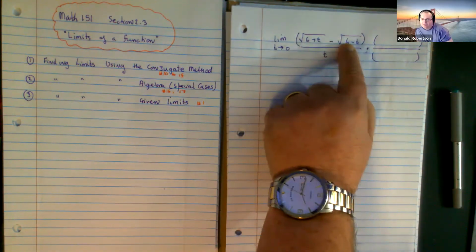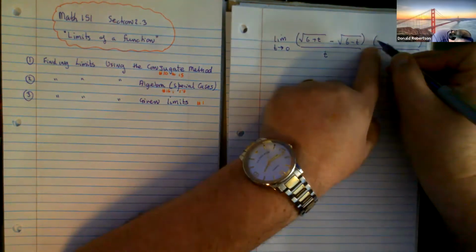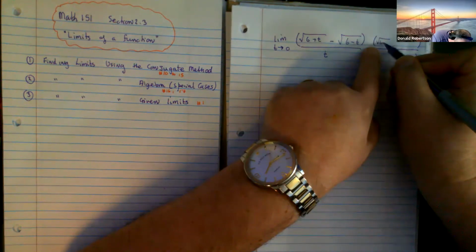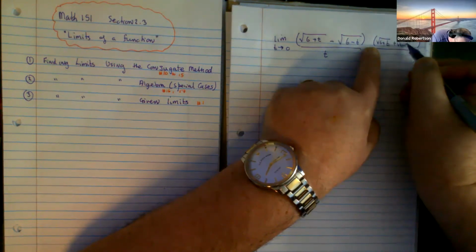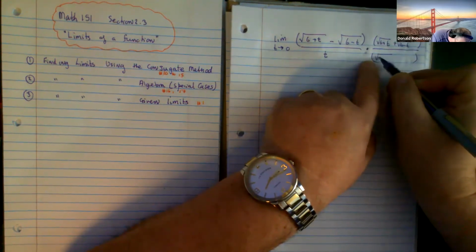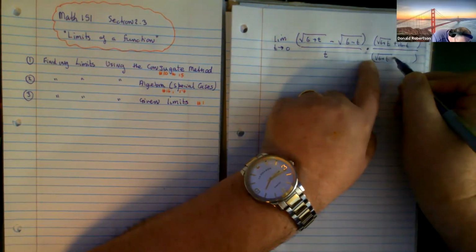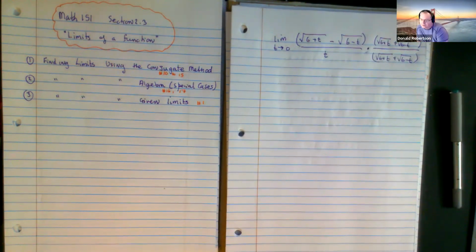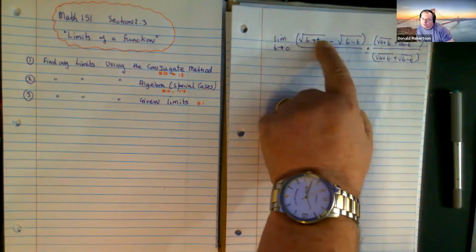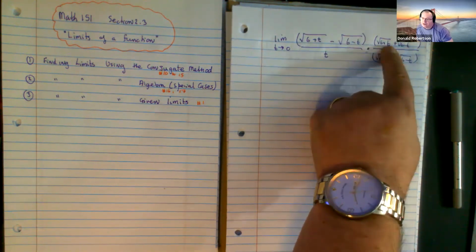That's the guy that's got all the square roots. So it's the first guy, add the second guy. First guy, add second guy. So far, so good. That's the conjugate.